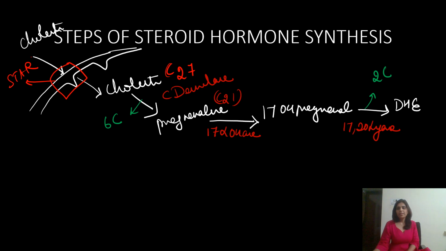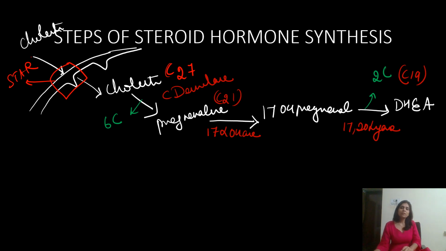So from a C21 steroid, if you remove 2 carbon atoms, the product DHEA is a C19 steroid. Do you understand this? It is a C19 steroid, which means all androgens. What are the androgens you get from DHEA? Androstenedione, testosterone, dihydrotestosterone. They are all C19 steroids.